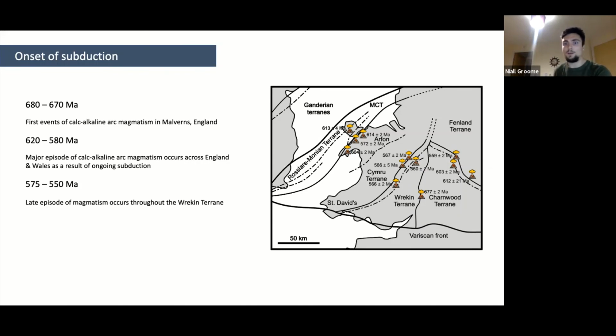So not working necessarily on the Avalonian rocks themselves, but on the rocks accumulated along the margins of Avalonia. Essentially looking to understand them, working a lot with the geochemistry behind them, which I didn't want to get into too much today because it can get a bit heavy.